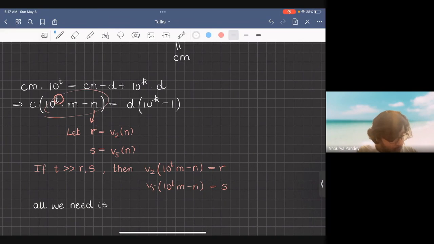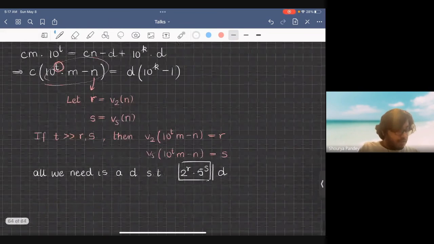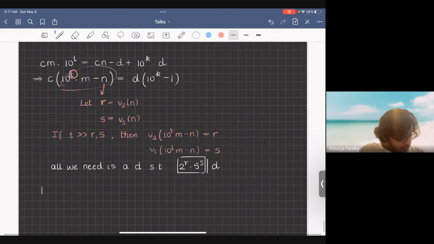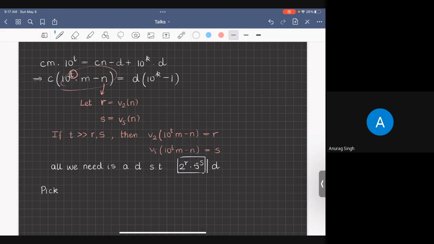is a d such that 2 to the r times 5 to the s is a multiple of d, right? And so I can just pick d to be equal to this. But then d will need to be some t-digit number.